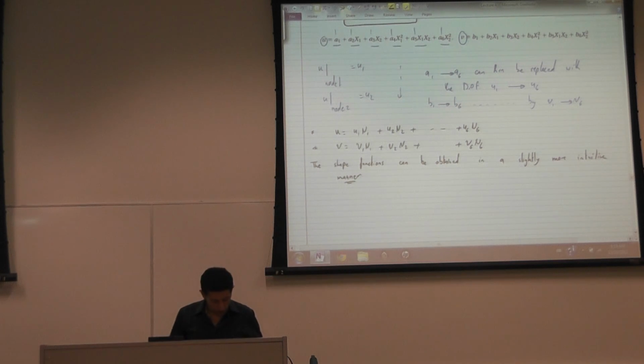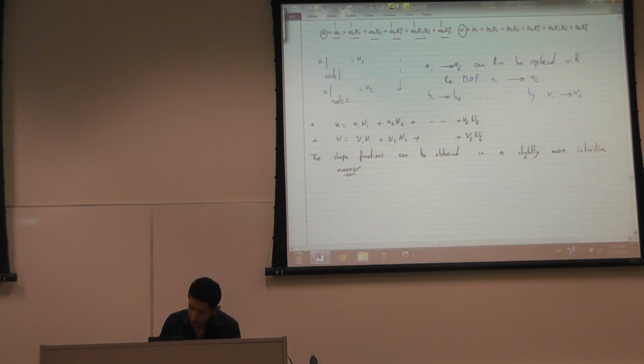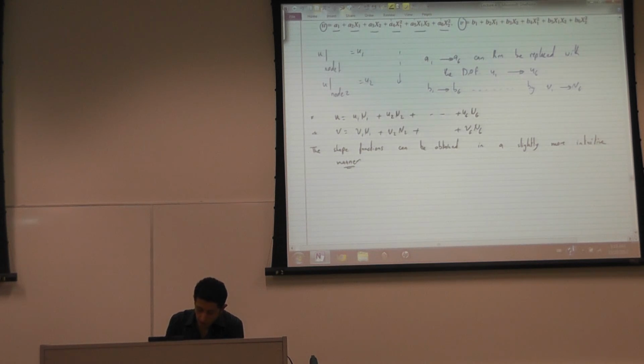So the nice thing about this element is the following. Let's look at the general form. U is equal to a1 plus a2 x1 plus a3 x2 plus a4 x1 squared, and so on. And let's see what is the shape of epsilon 11, or epsilon xn. Epsilon 11 is equal to partial u1, which is the horizontal displacement, with respect to x1.